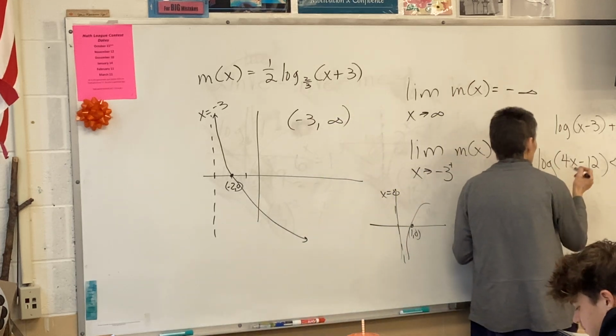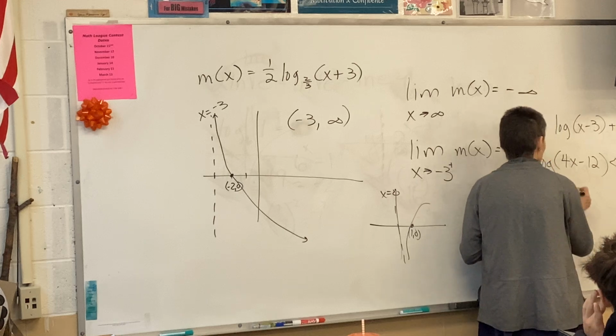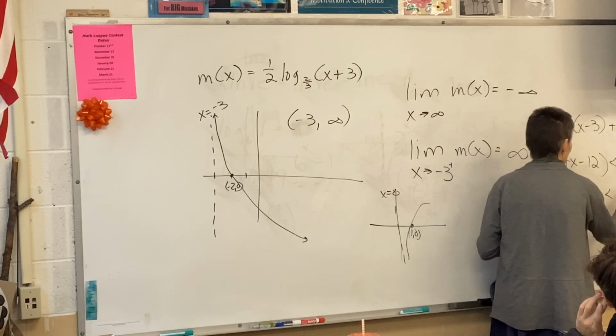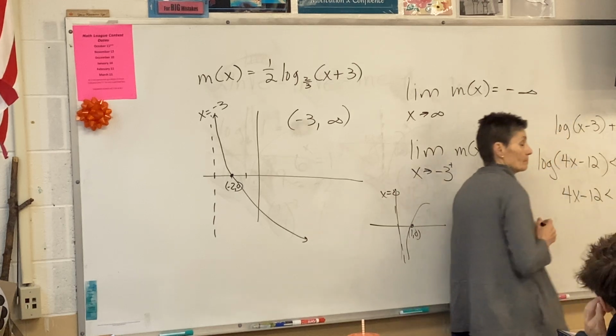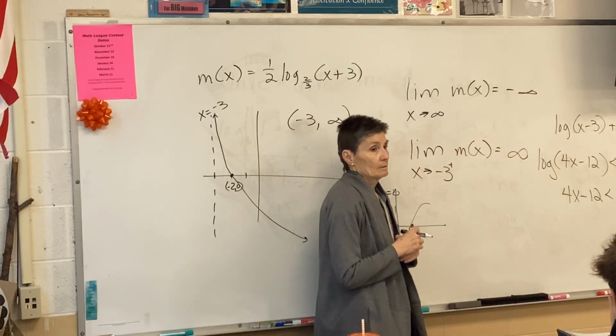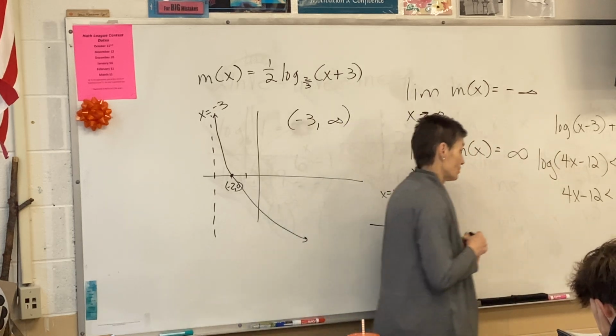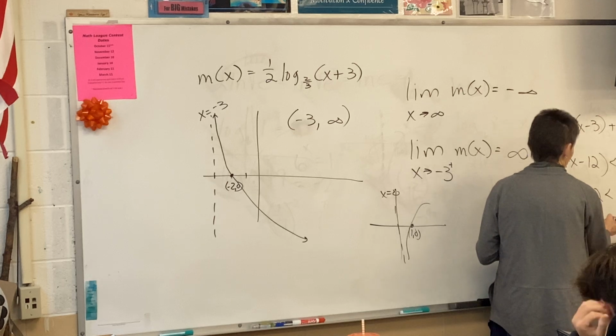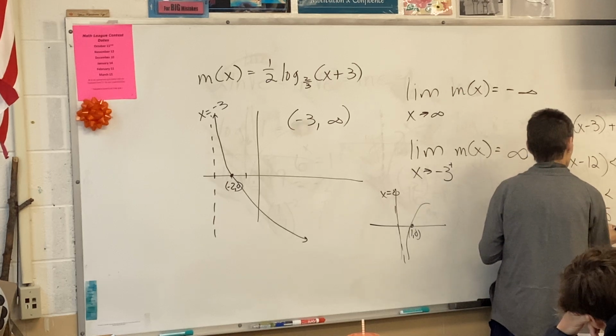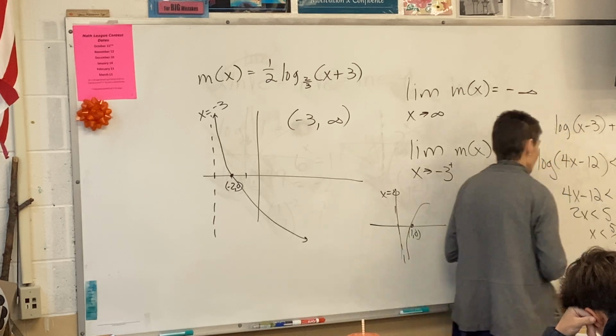So if this log is less than that log, then that automatically means this has to be less than this. And so 2x is less than 5, and x is less than 5 halves, is that right?